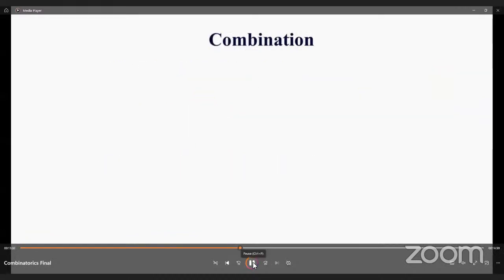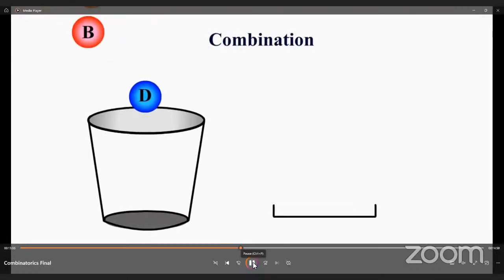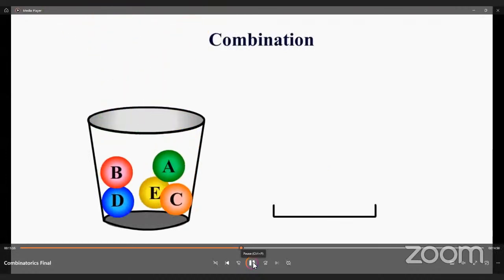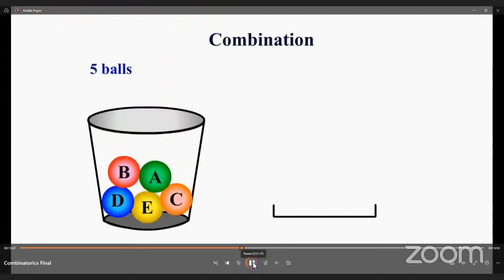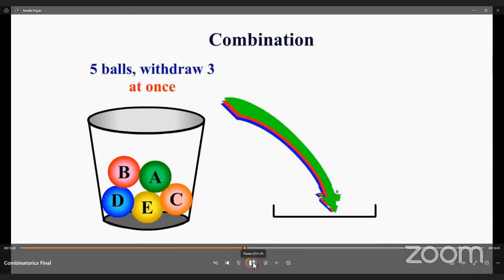And now the combination. So we have again 5 balls and 3 withdrawals, but we withdraw 3 balls at once.